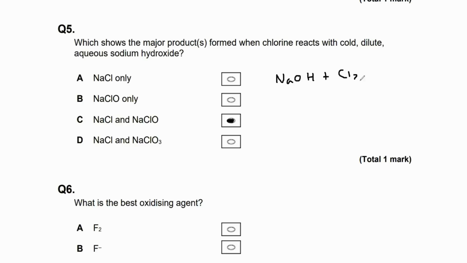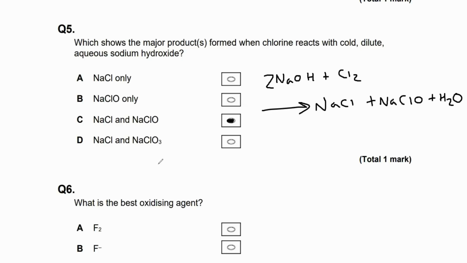We've got sodium hydroxide plus chlorine goes to sodium chlorate and sodium chloride. So the answer here is C. And we get some H2O as well. There's your reaction. So the answer is C. Just balance it up there. Yeah, that looks balanced. All right, let's move on.